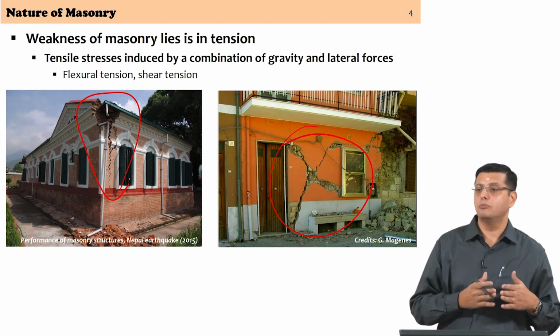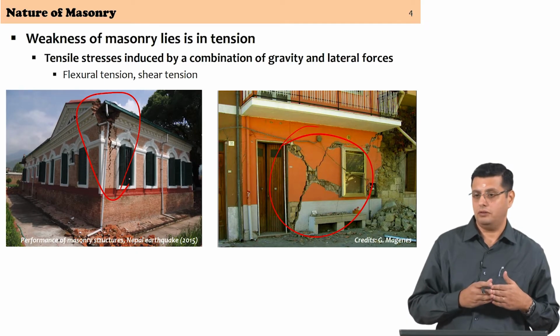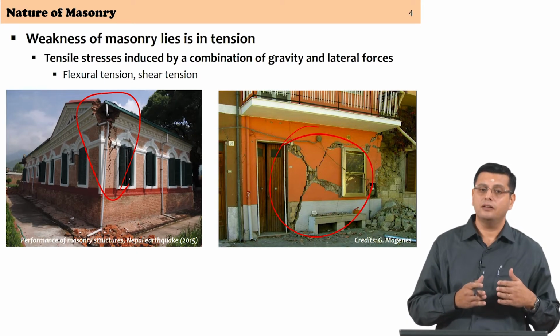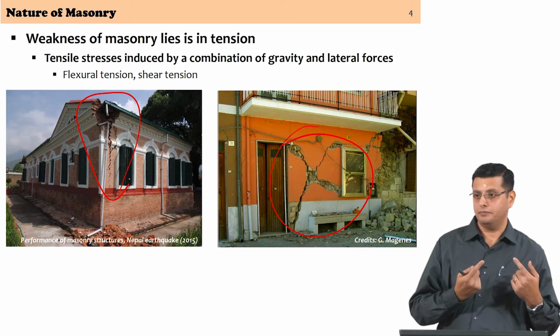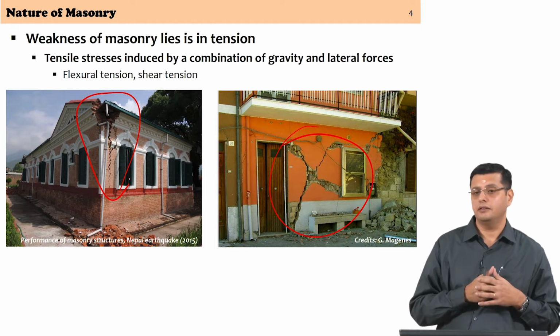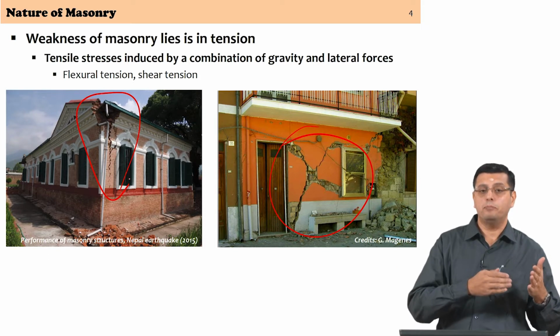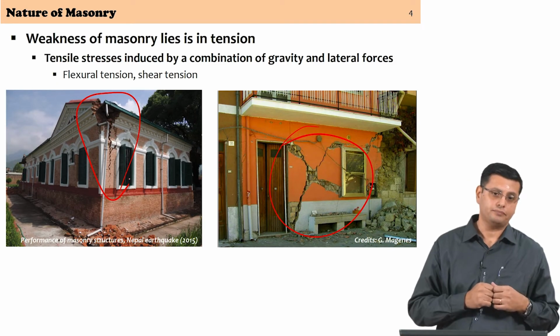We will examine this more closely when we start looking at detailing for earthquake resistance, but historically structures were given timber bands and sometimes steel ties to ensure that all peripheral walls and all load bearing walls act together.